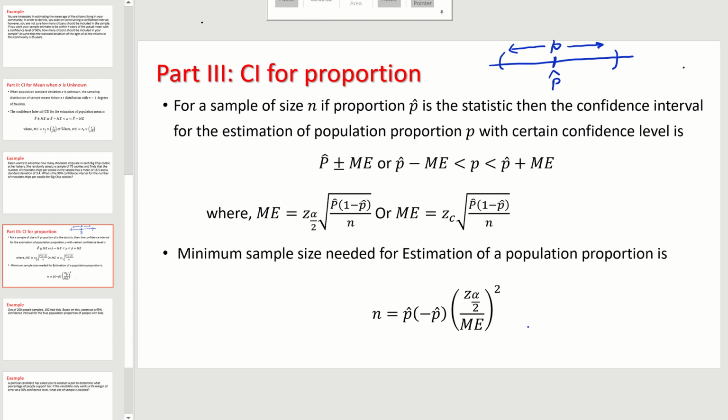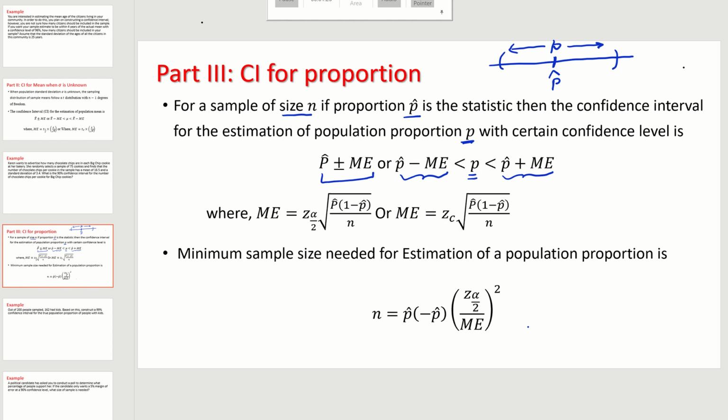So for a sample of size n, if the proportion is p hat, then the confidence interval for the estimation of population proportion p with certain confidence level is given by this formula: p hat plus or minus margin of error, which is same as the population proportion p lies between p hat minus margin of error and p hat plus margin of error.